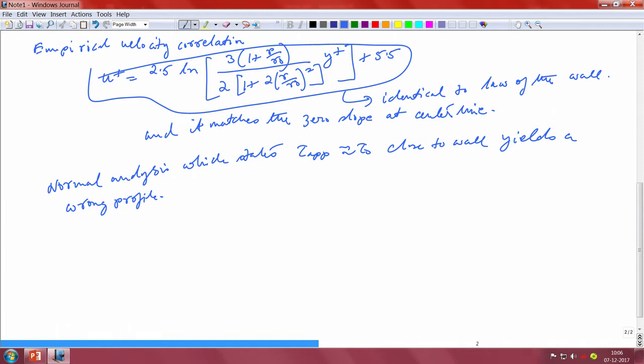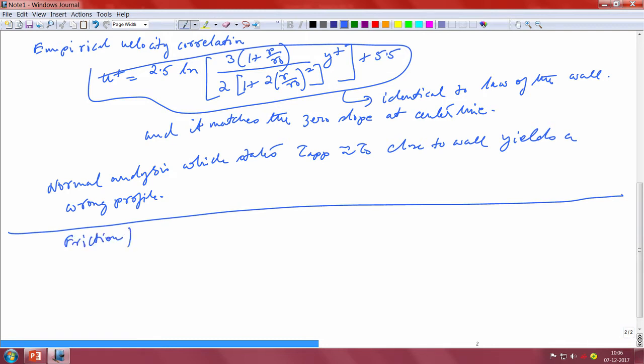Now, let us look at the friction factor. Now that we have done all these things, let us look at the friction factor. So, friction factor is like the CFX in the case of an external flow. So, what is friction factor?